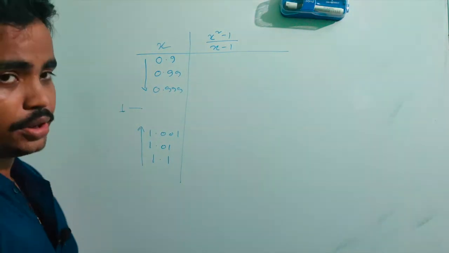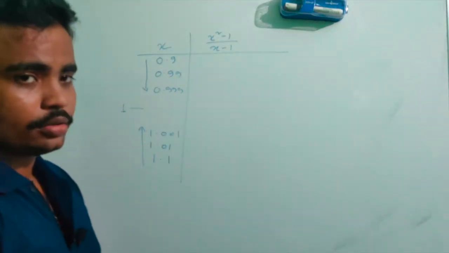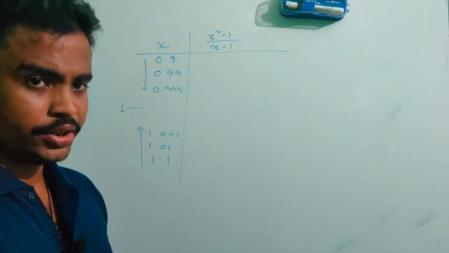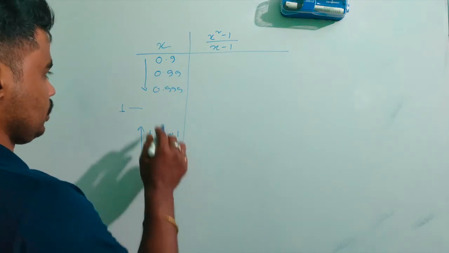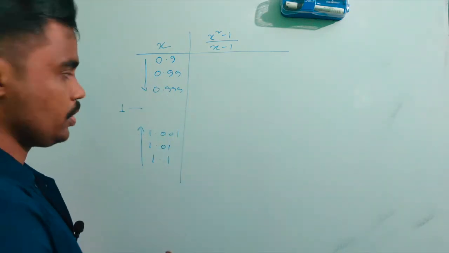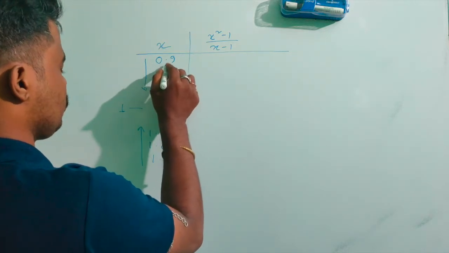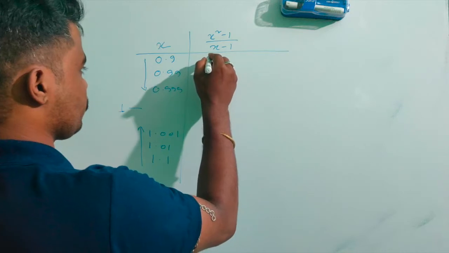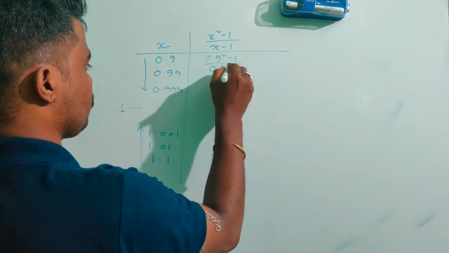But we will not evaluate the function at x equal to 1, as we have already seen the value of the function at x equal to 1 is indeterminate. But we will evaluate the function at all these points which I have mentioned in the table. So at x equal to 0.9, what is the value of the function? We will write 0.9 square minus 1 by 0.9 minus 1.